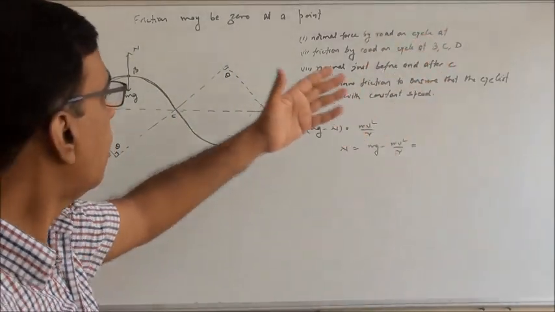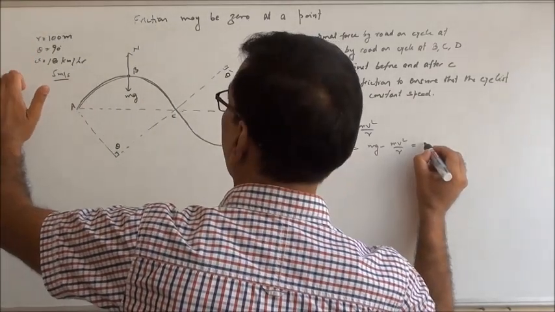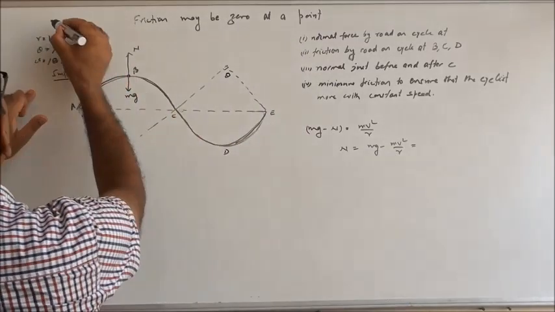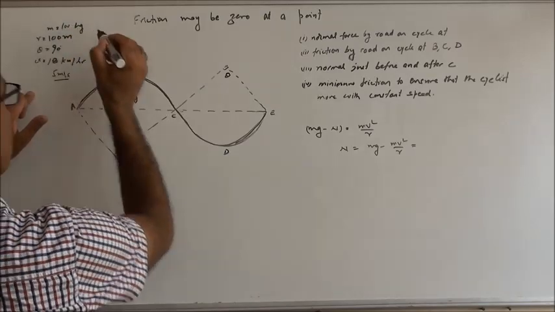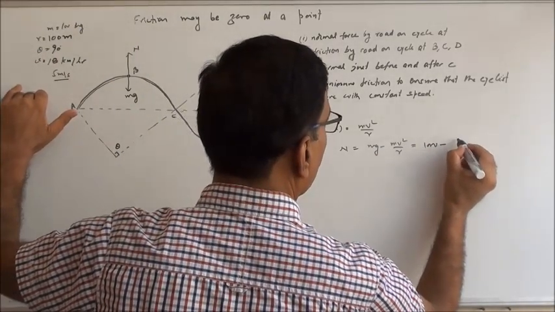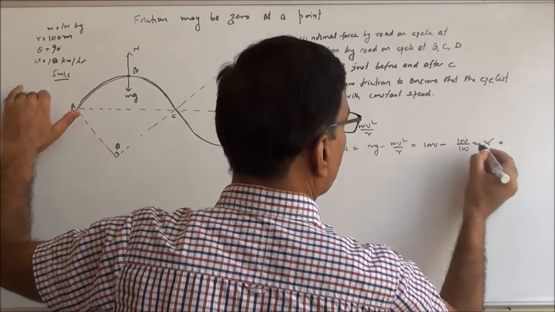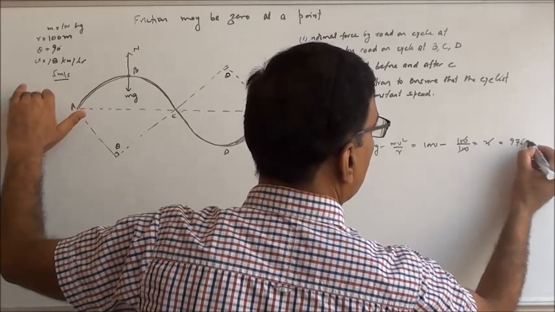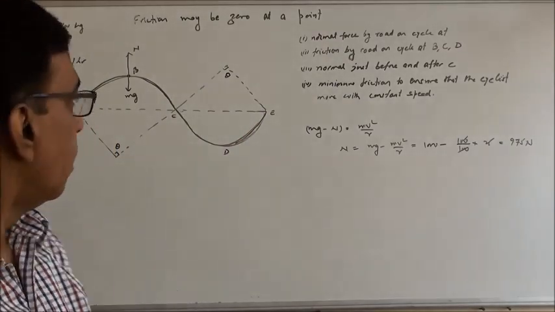This is the equation. If you have to find the values, just substitute. Mass is not given, so you can take 100 kilograms. So 100 into 10 is 1000, minus 100 into v square, 25, divided by 100. So 1000 minus 25 comes out to be 975 newtons.